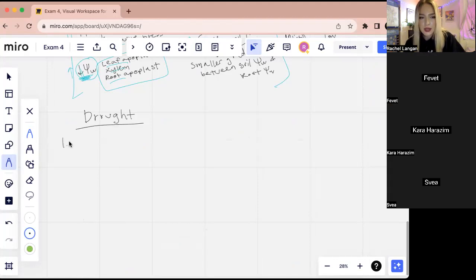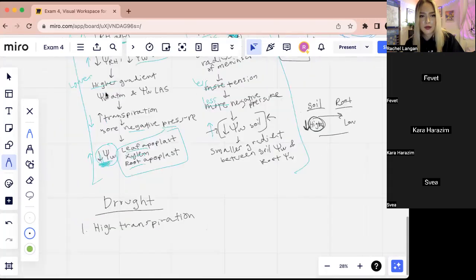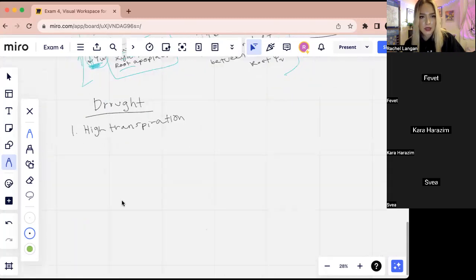So the first thing is going to be high transpiration. Because of what we just said here, right? In a drought, there's both high temperatures and low rainfall.